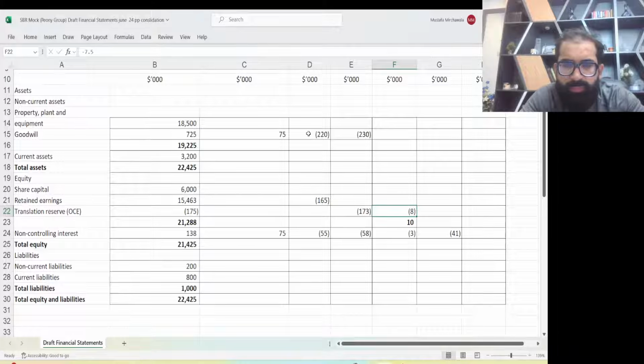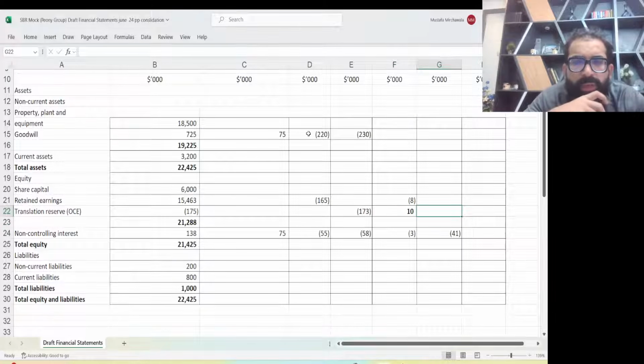This negative 8 will come here, and this 10 will come here. Yes, I've just posted on the wrong row. Now, my dear students, 41.25 translation reserve will be credited. So 41.25 added here. Okay. So finally, we have posted all the four entries.